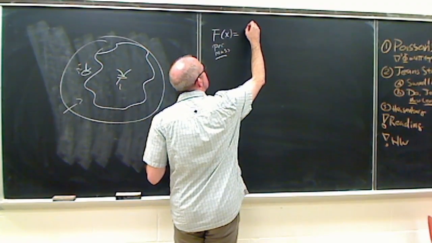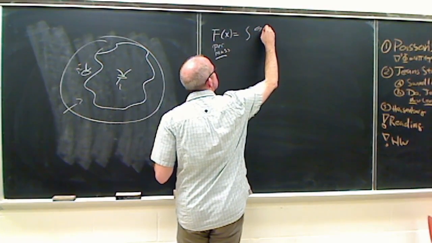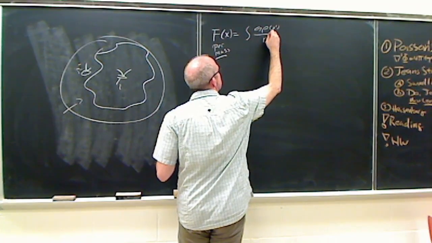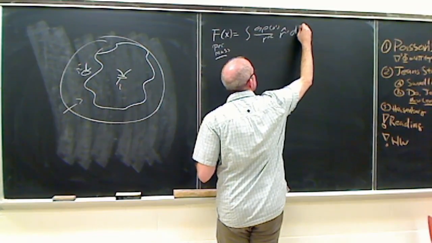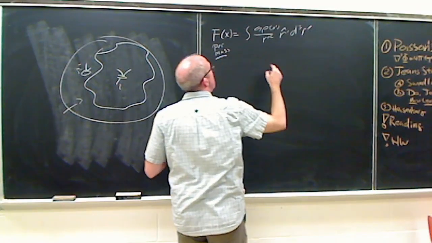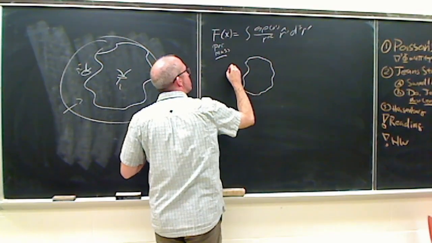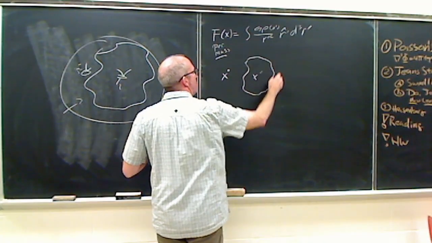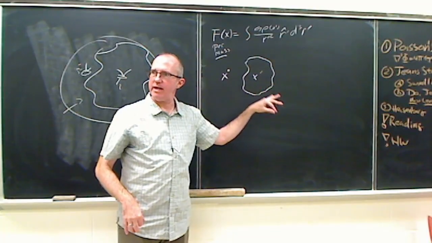F of x is equal to the integral of G times rho of x prime over r prime squared r hat prime d cubed r prime, where this is the force at some position x from some density distribution that we'll describe by x prime.